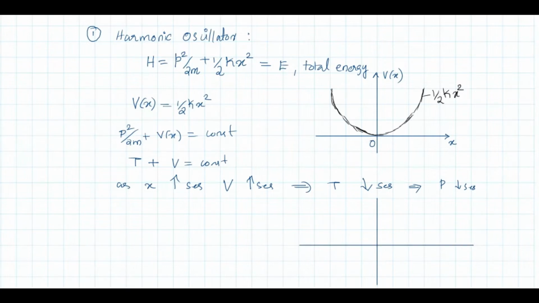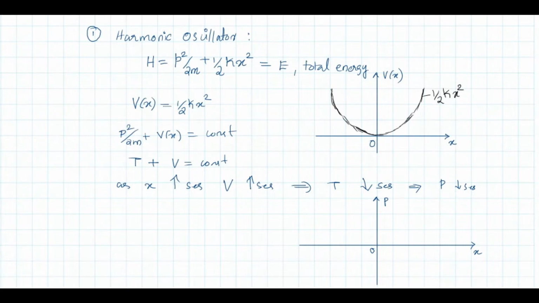So in the phase space diagram, you can draw from this concept. On the x-axis you have x, and on the y-axis the momentum p. For a harmonic oscillator, the phase space diagram is a diagram spanned by the coordinate x and the momentum p. When x increases from 0 towards the right, its momentum will decrease.